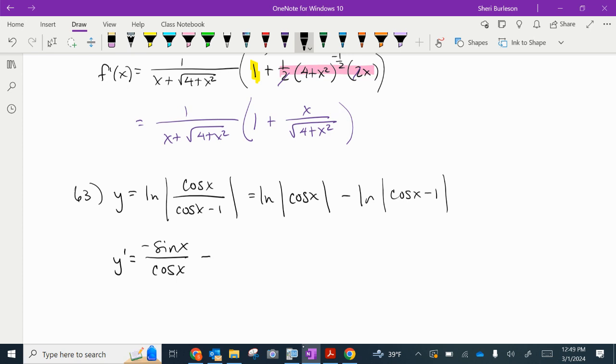And then I have minus the derivative of natural log of something, which puts the something in the denominator, and the numerator is the derivative of what was inside. So if I simplify this, I get negative tangent of x plus the sine of x over cosine x minus 1.